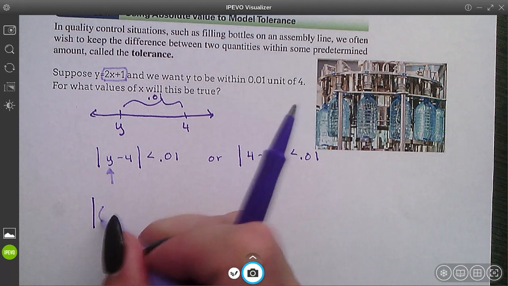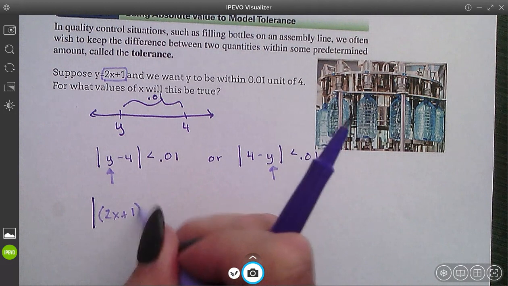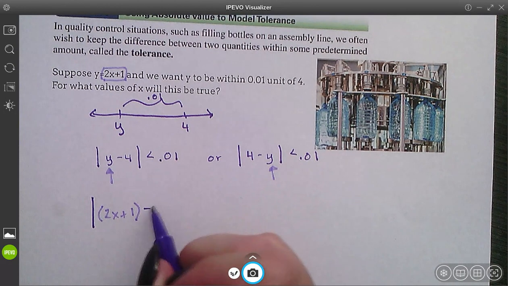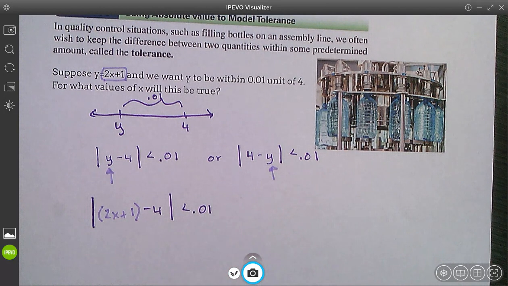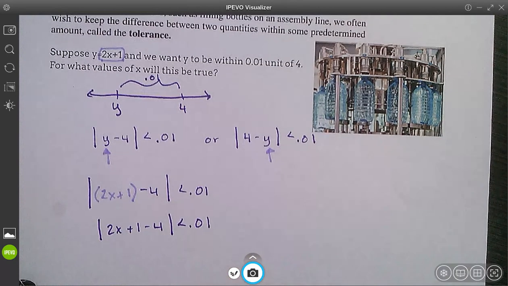So when I do this replacement, I'm going to say (2x plus 1) in parentheses, which would give me the absolute value of 2x plus 1 minus 4 is less than 0.01, and then the absolute value of 2x minus 3 is less than 0.01.